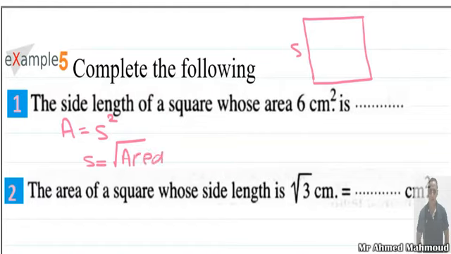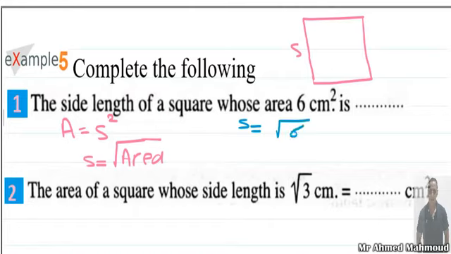Okay, again, area equals side to the power of 2, so side equals the root of the area. Now we need the side length of the square whose area is 6. The side length equals the square root of the area, which is square root 6.